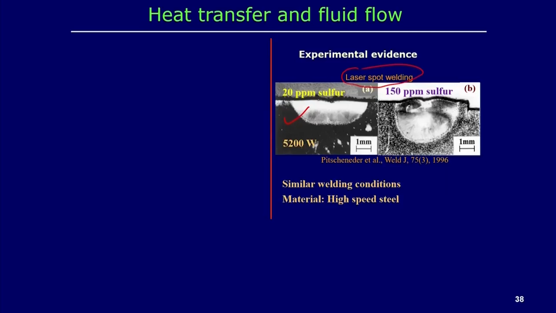For the same material and same welding condition, the only difference is that one case has a low amount of sulfur and the other has a relatively higher amount. Experimentally it is observed that the presence of surface active elements has a tremendous effect: it influences the material flow pattern, and finally changes the weld pool geometry.